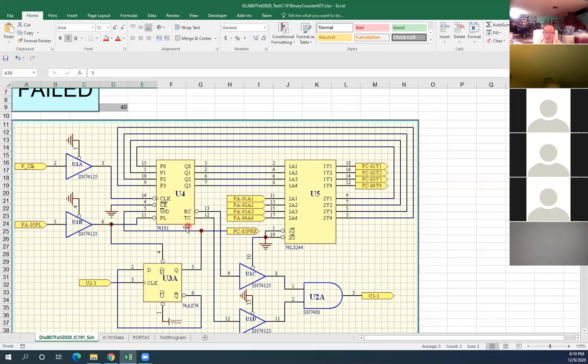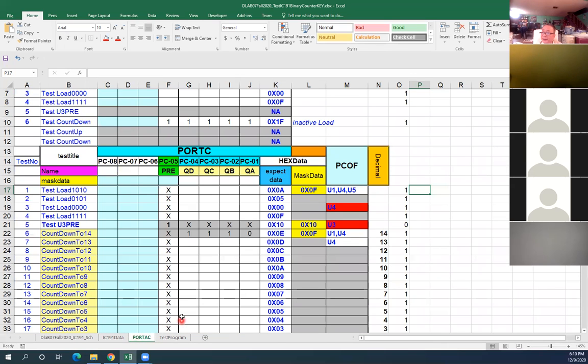So that's why normally you have to use the if statement inside the loop to isolate the pickup. And now we see port ABC here. So counting down from 15 to 14, if they fail, you say U1 and U4.